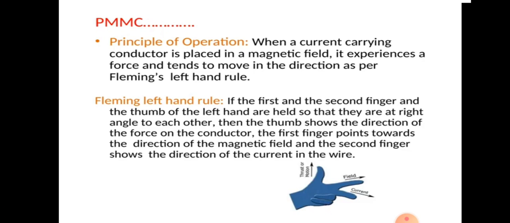If the first finger, second finger and the thumb of the left hand are held at right angles to each other, then the thumb shows the direction of force on the conductor, the first finger points towards the direction of the magnetic field and the second finger shows the direction of the current in the wire. So this is Fleming's left hand rule.